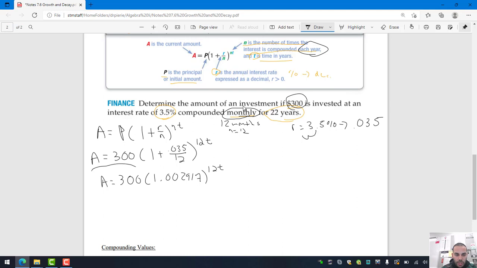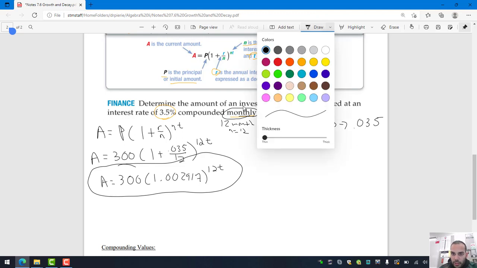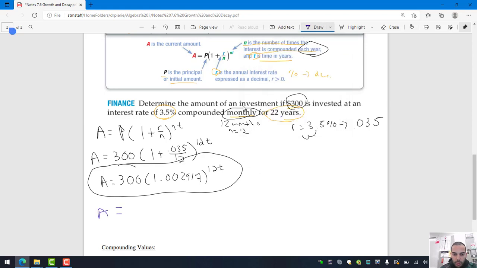So this is my equation for any amount of time, but in this question, they're asking specifically for 22 years. So all we have to do here is use this equation, but in for t, I'm going to plug in 22. So I'll have 300 times 1.002917 raised to the 12 times 22 power.